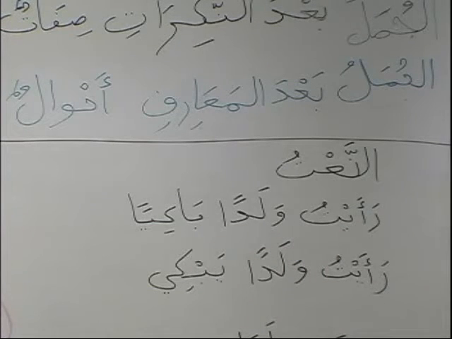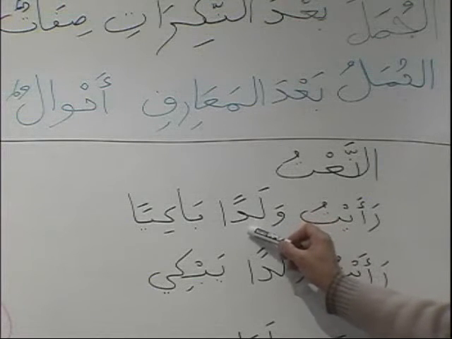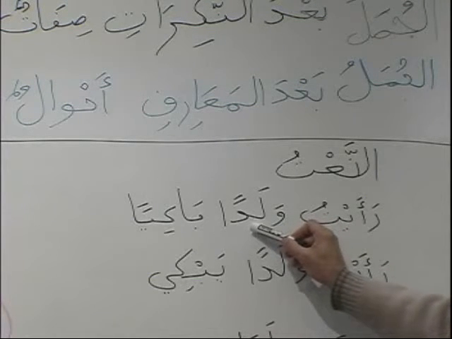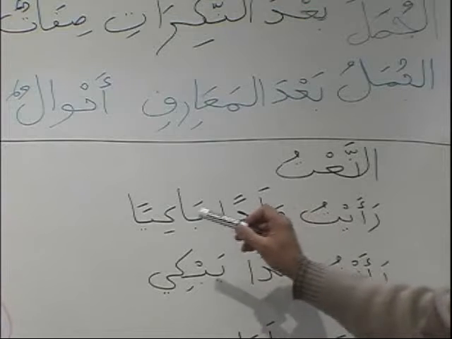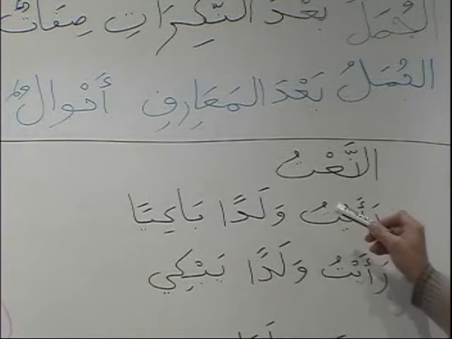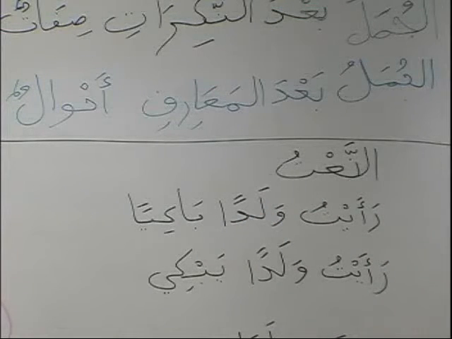Ra'aytu baqiyan waladan. Why? Because that's the rule. If the sahibul hal is indefinite, the hal will come in front. Normally the hal always comes afterwards. Okay? Look at this sentence, brother.